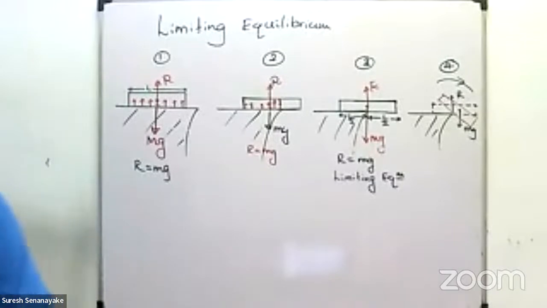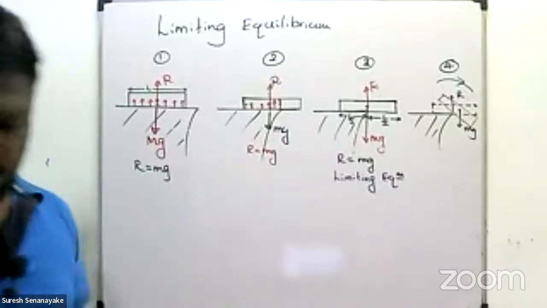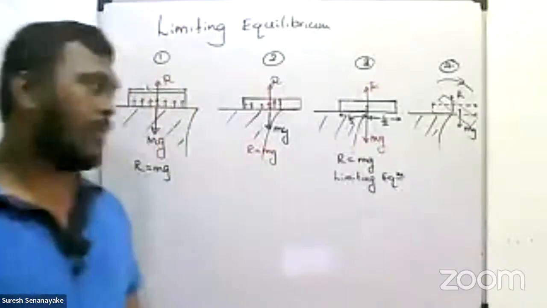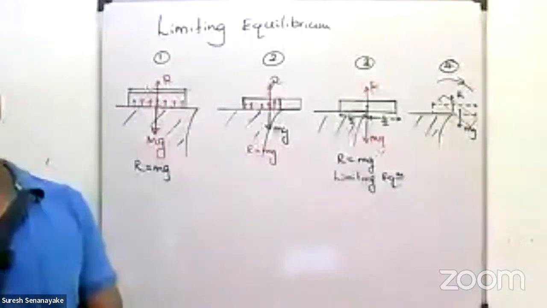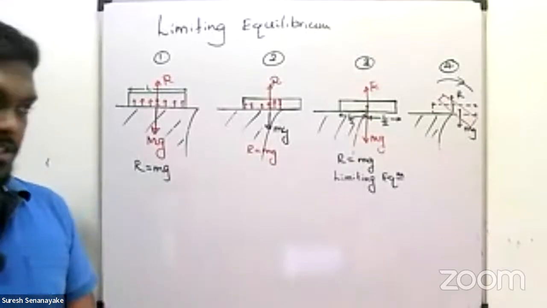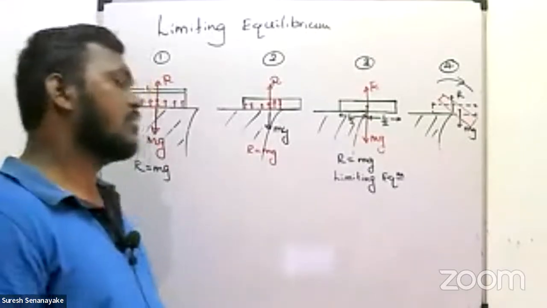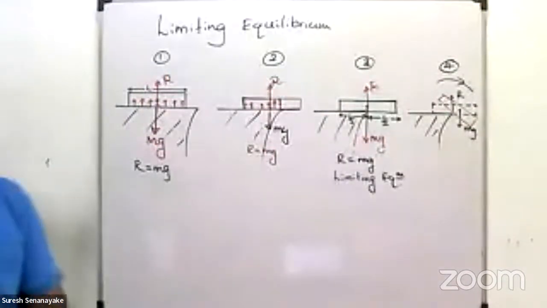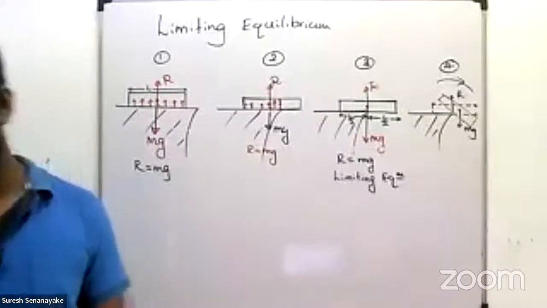In this case, the weight of the body gives a torque about the edge of the table.